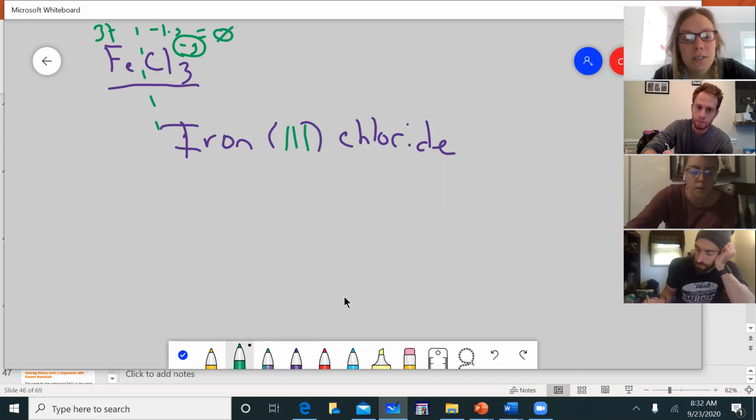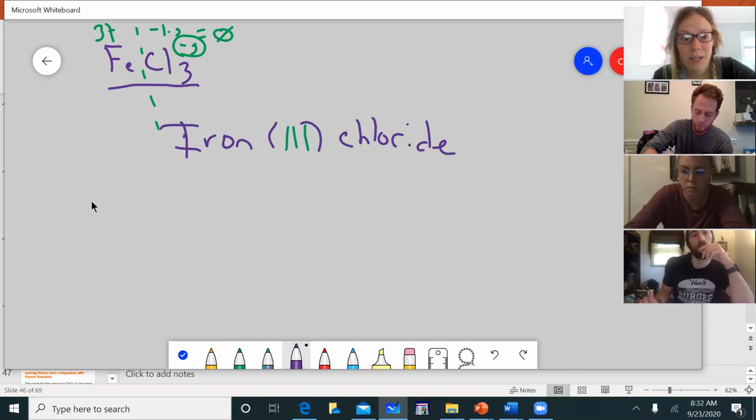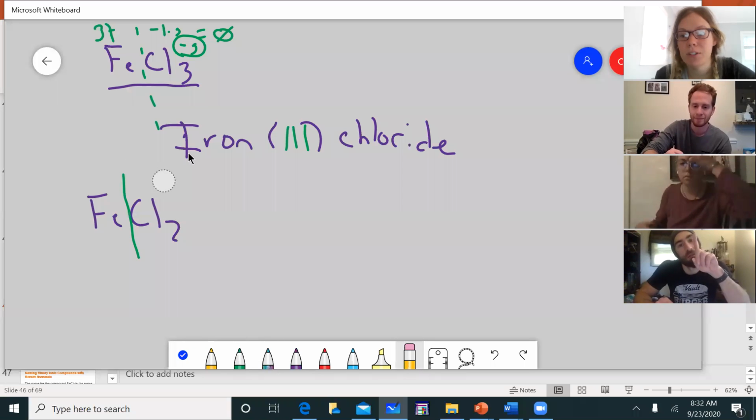Let's say I was to do a very similar formula, but instead of FeCl3, it was FeCl2. In this case, let me separate it out. Chlorine has a 2- charge. No, don't listen to anything I'm saying. Chlorine does not have a 2- charge.